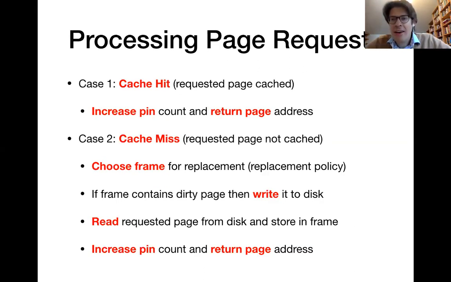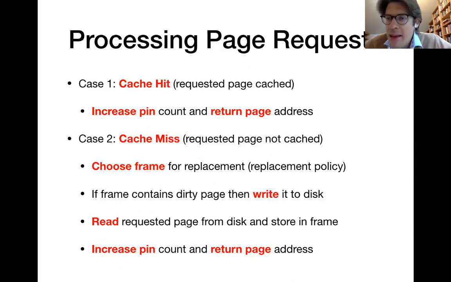Now, this is the algorithm that the buffer manager essentially executes. Whenever we have a request for a specific page, the buffer manager first of all checks whether this page can currently be found in the buffer pool. In that case, we call it a cache hit. This is case number 1 here.